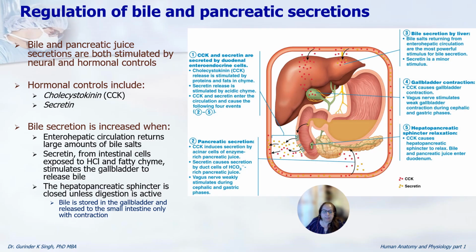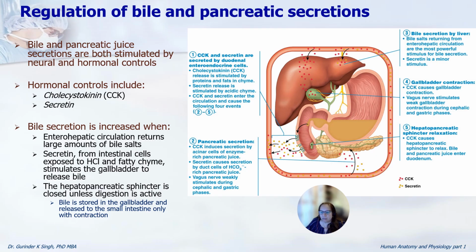These are called enterogastric hormones, and they are produced inside the intestines. So whenever there is a bile secretion, it is increased by the action of cholecystokinin as well as the secretin.